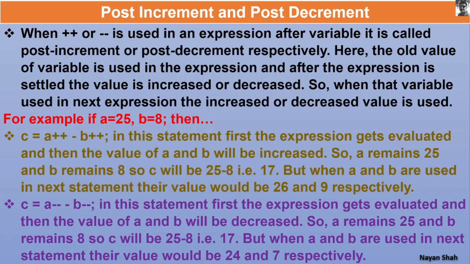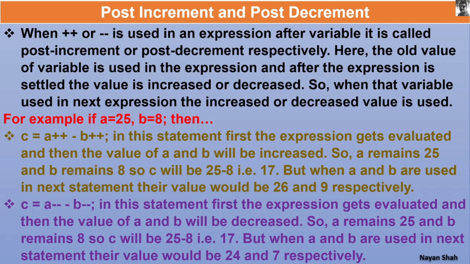Post increment means the value will not increase right now. First the old value will be used. So the existing value of a is 25 and b is 8, and 25 minus 8 will give you 17.